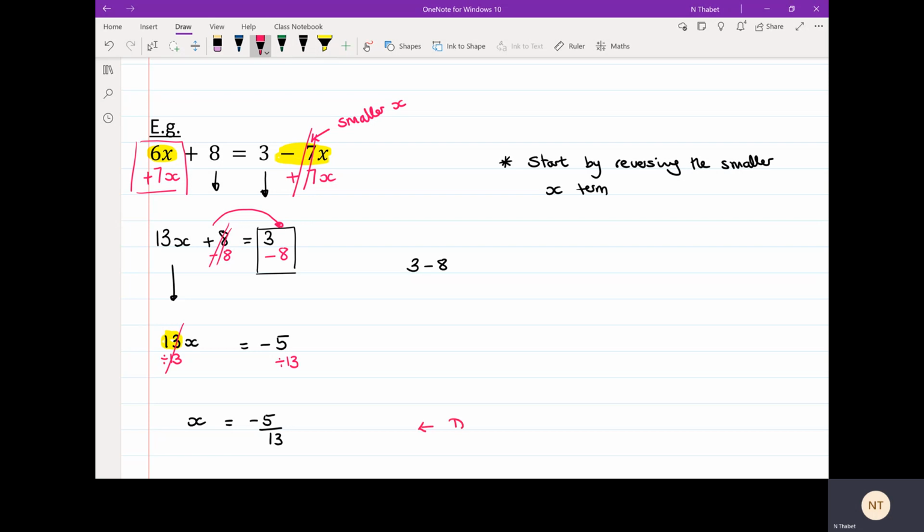Don't round. Okay, so don't round. And I highly recommend leaving your answer as a fraction. And that goes for whether the fraction is top heavy or not. And these are the two examples for solving equations with variables on both sides.